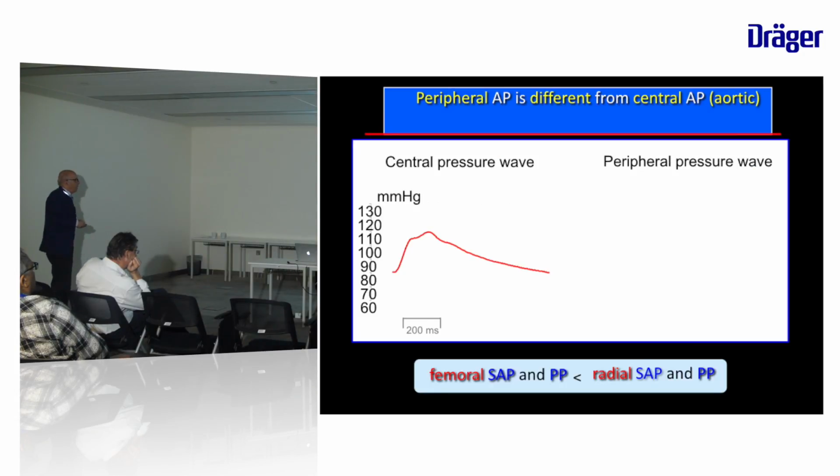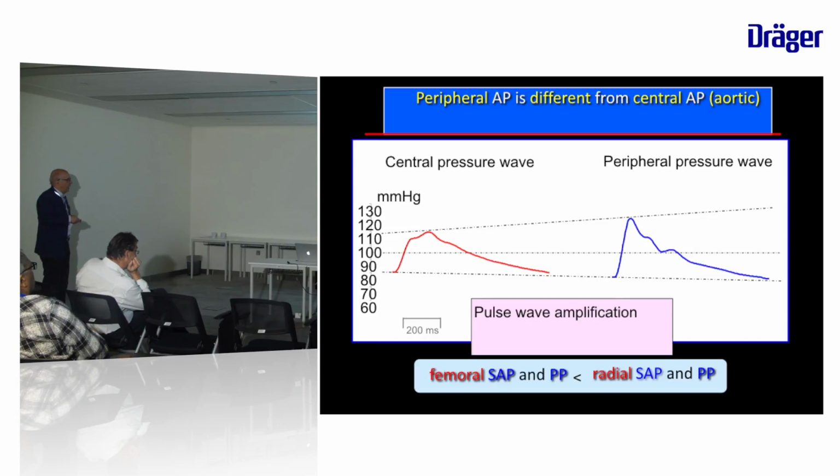So this is the central pressure wave you see here, the diastole, the systole, and back to the diastole again here. And in the peripheral pressure, due to the mechanism that I showed you, you have an amplification of the systolic pressure and a little bit of reduction in the diastolic due to the elasticity of the vessels.